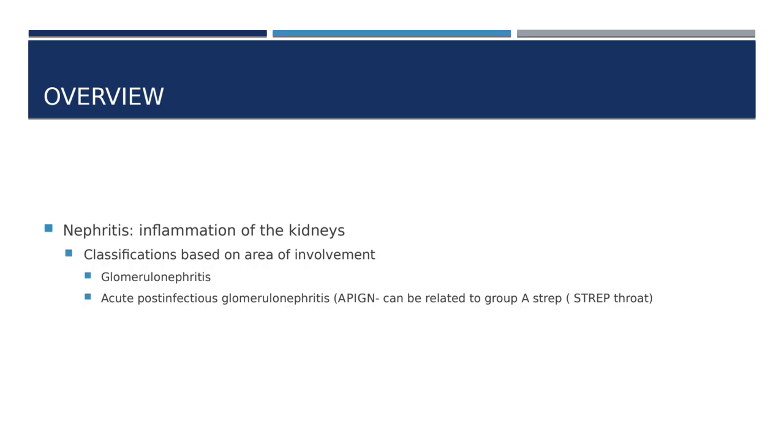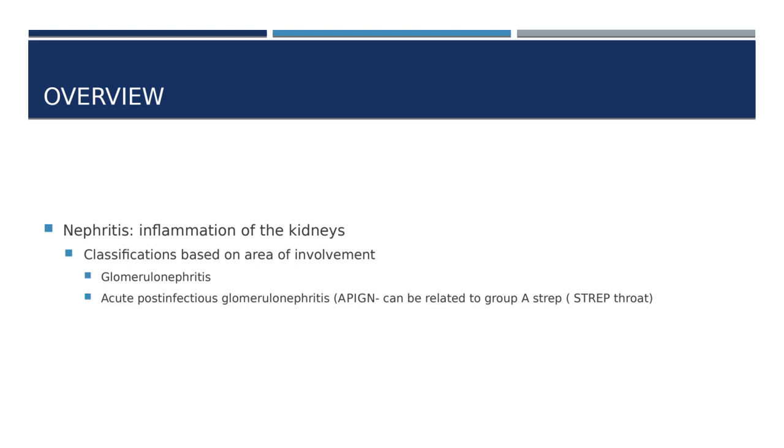So they're not going to be NPO. We're not going to put them on fluids, and we're going to reduce the sodium. That's in the acute phase. So carbohydrates will provide the energy, with fluid restriction and sodium restriction.